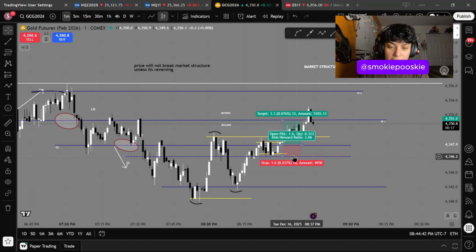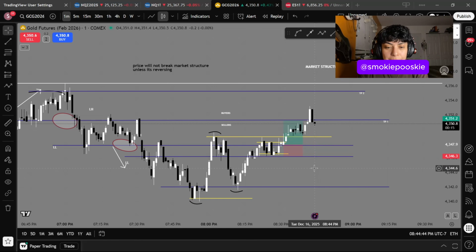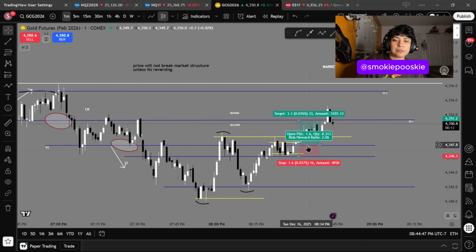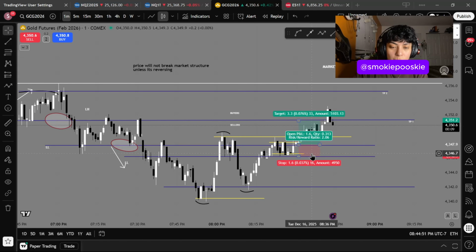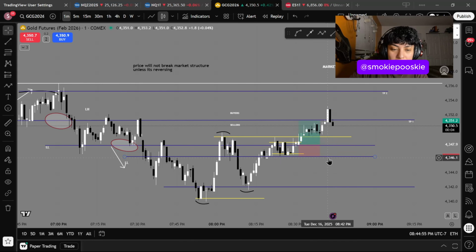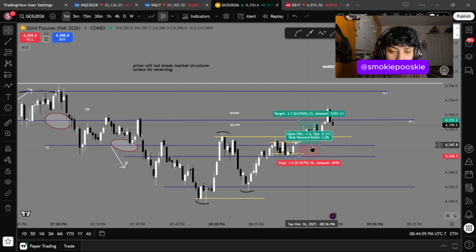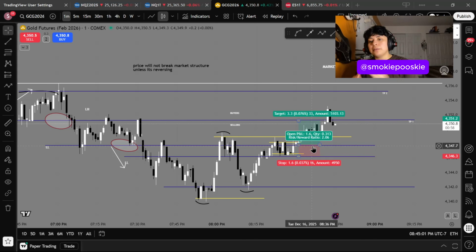I speak French now, you know. But yeah, if we entered right here, then we have a 1-to-2, because we're aiming at this 5 minute level. That's our stop loss, because we want room to breathe. This is our entry, because we want that bigger push, because when you're on a lower time frame, the time frame above it has more power.